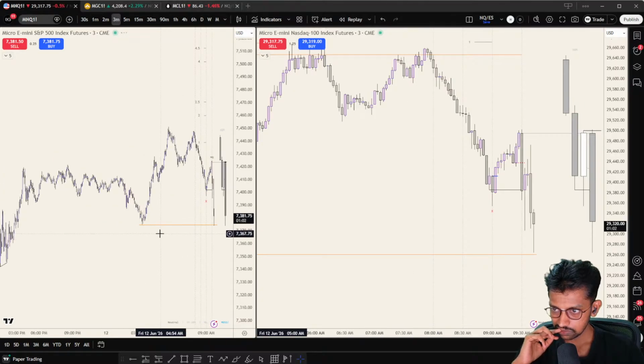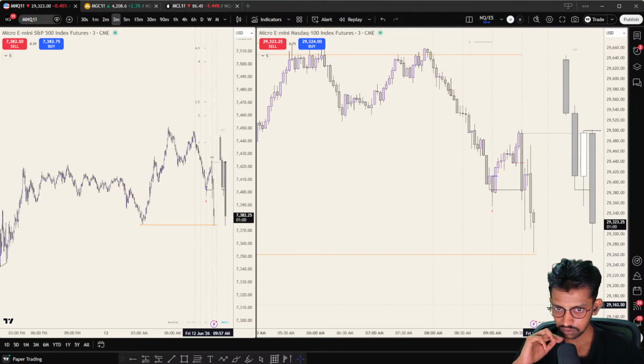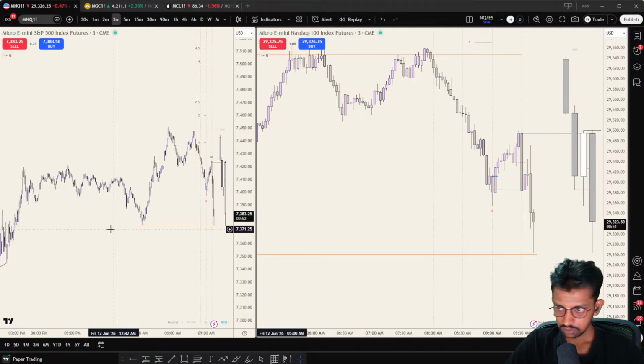It should flush a little bit more lower, I feel, because I don't want it leaving these equal lows.